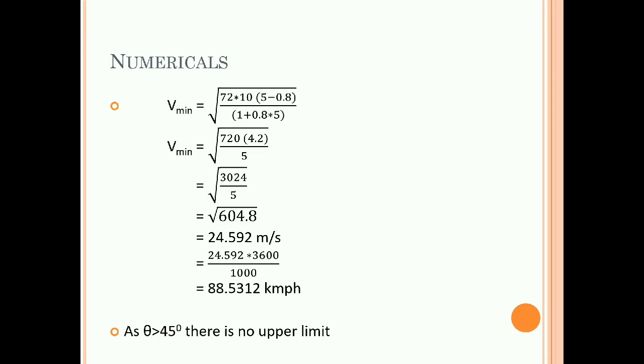So as the angle here is 78.69, that is greater than 45 degree, there will be no limit for the upper value of velocity. So the answer is simple here. You need no calculation, no explanation, only mention that as the angle is greater than 45 degree, there is no upper limit for the velocity value.